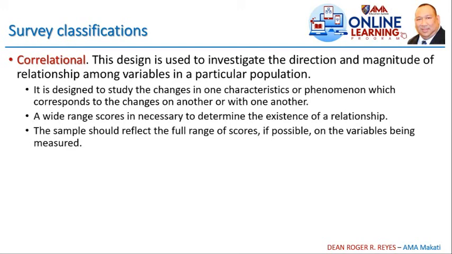Kapag mababa, bababa din siya. So it is designed to study the changes in one characteristic or phenomenon which correspond to the changes on another or with one another. A wide range of scores is necessary to determine the existence of a relationship. And the sample should reflect the full range of scores, if possible, of the variables being measured.